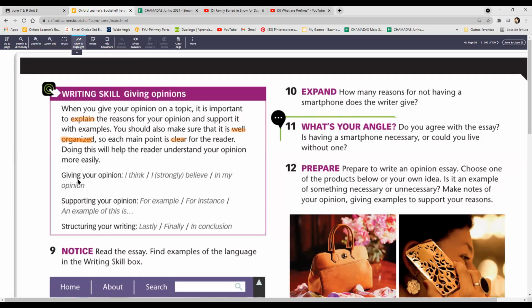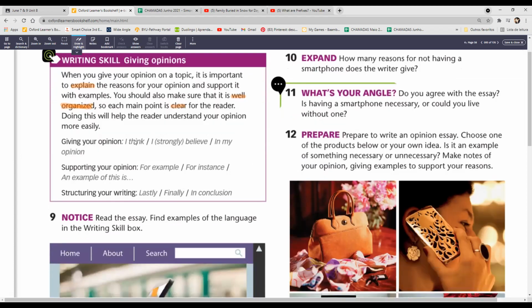So here, when you are giving your opinion, you can say, I think, which is the basic one, okay? I believe, or I strongly believe. You put more color, right, when you use an adverb. And you can also use the same old one, in my opinion, okay? Supporting your opinion, how to support: giving examples.